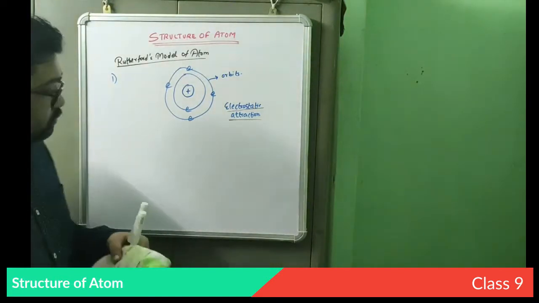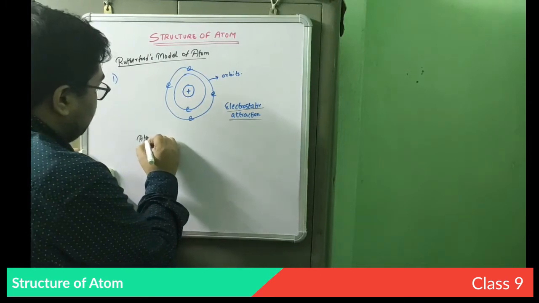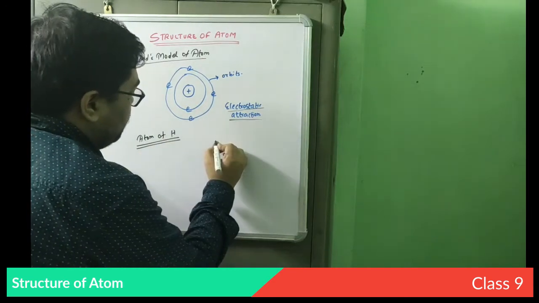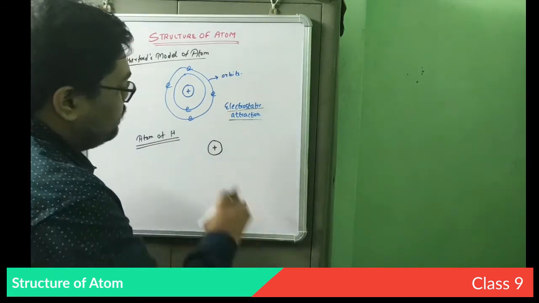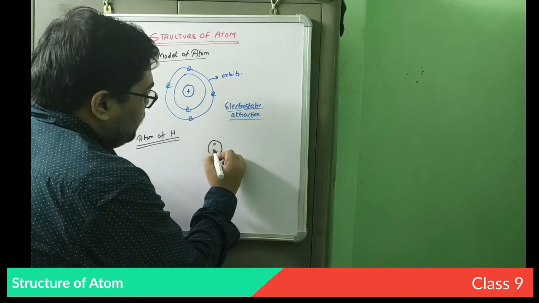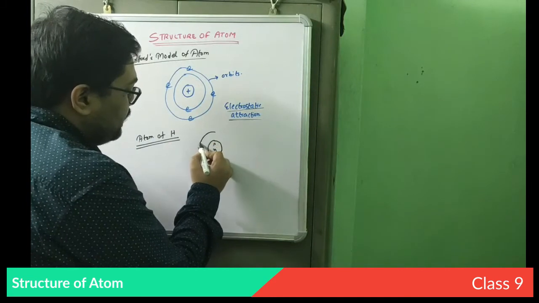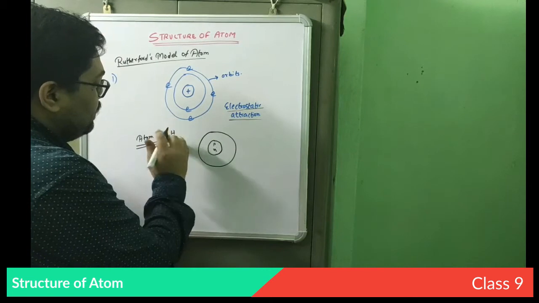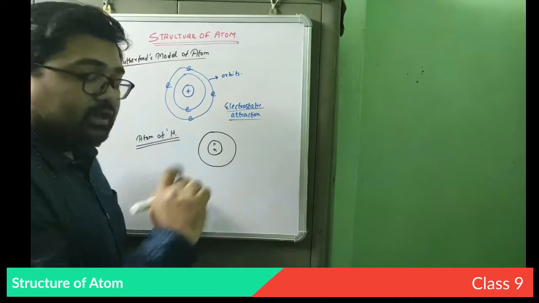Now, if I consider an atom of hydrogen, right? So, if I consider the nucleus of hydrogen as this, it consists of protons and neutrons, and as hydrogen, H 1 1, it consists of a single proton.